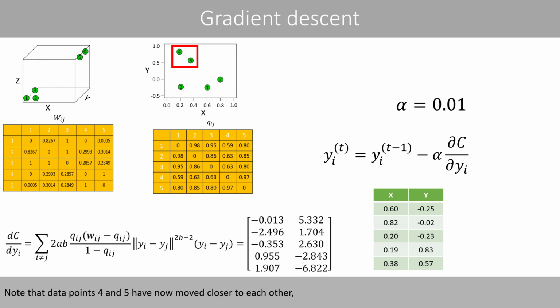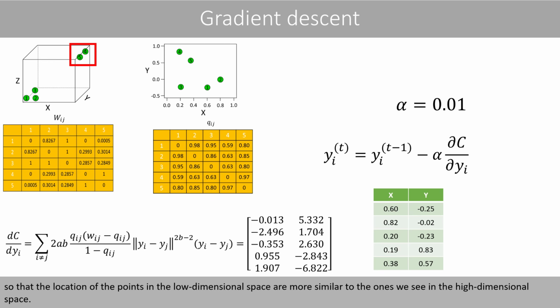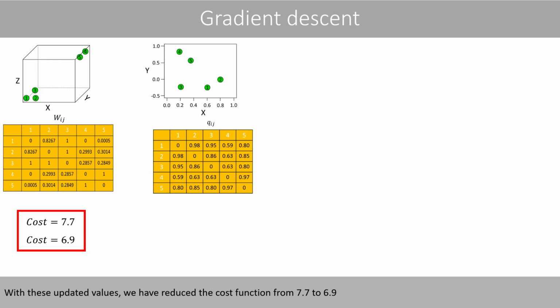Note that data points 4 and 5 have now moved closer to each other, so that the location of the points in the low-dimensional space are similar to the ones we see in the high-dimensional space. With these updated values, we have reduced the cost function from 7.7 to 6.9.